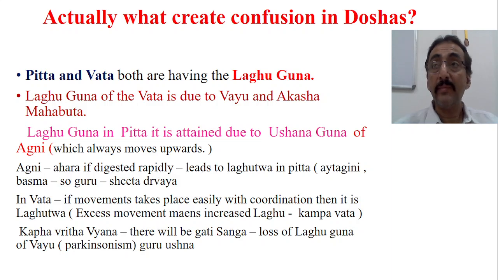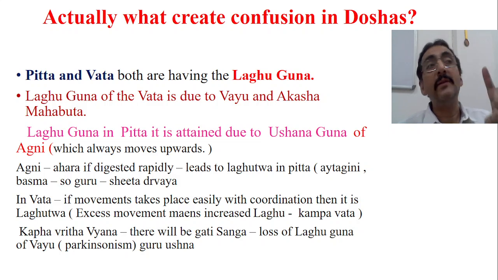This is how you have to understand Laghu guna in relation to Vata. The normal amount of Laghu guna in Vata helps the normal functioning of the body, with easy movement of the bodily tissues in coordination. But in excess, it leads to a problem like Kampavata.